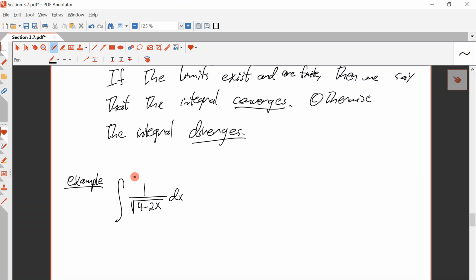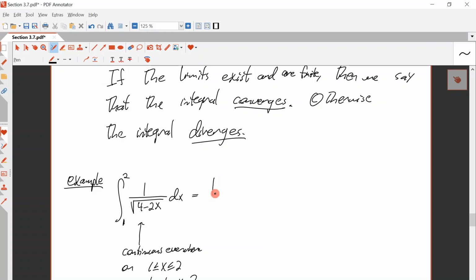So the troubling point is at 2, and at numbers less than 2, the thing underneath here is going to be positive. So we'll say the integral from 1 to 2, something like that. Okay? So this is continuous everywhere except at x equal to 2.